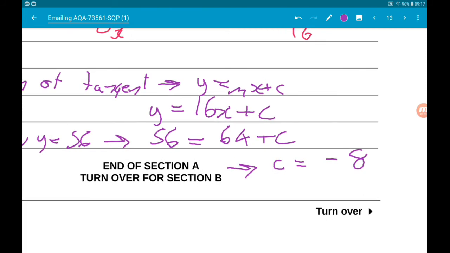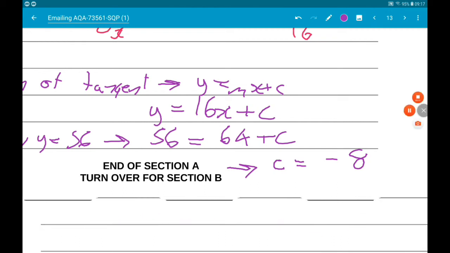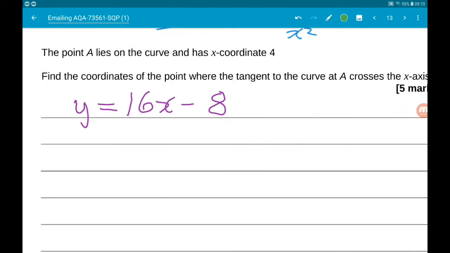So, up to this point, we can now say our tangent is y equals 16x minus 8. Okay, so finally, what we want are the coordinates where the tangent crosses the x-axis. Now, on the x-axis, y is equal to 0.